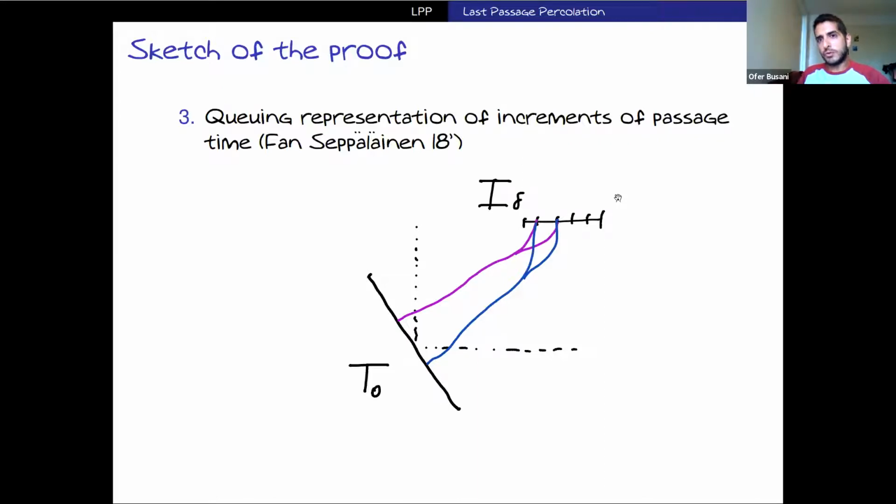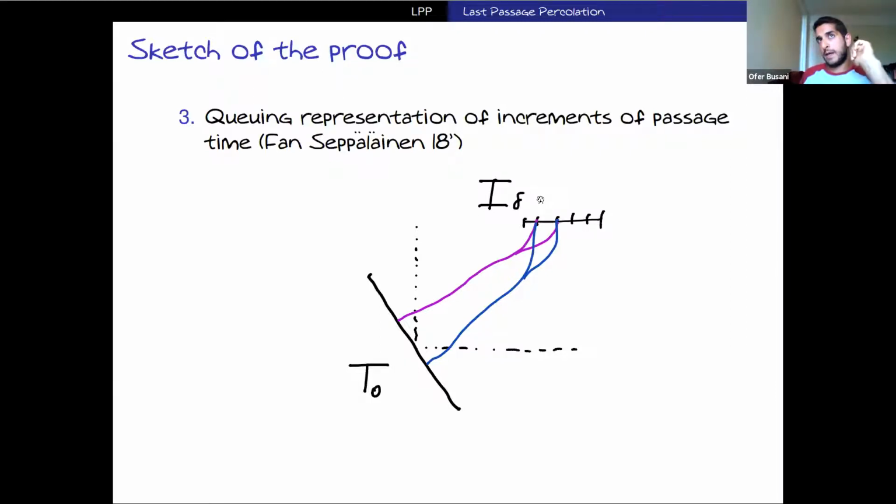Well, it's not exactly true, but up to another data that you need coming from here that is shared for both of them. To get to the point, if we show that the weights on the edges of I delta agree for the purple and the blue with high probability, then we show that they leave from the same point at I delta, which would mean that they have coalesced.